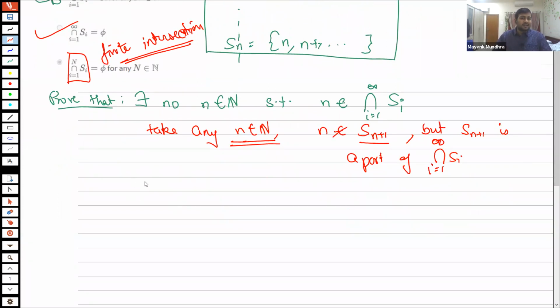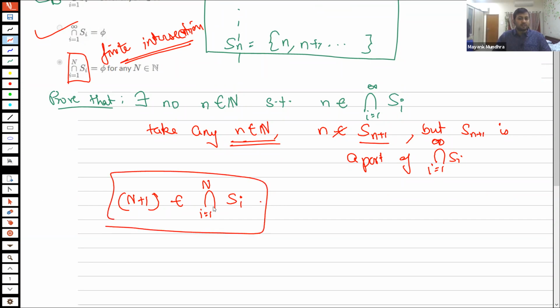So when you take that intersection, I will have the number n plus 1 always contained in the finite intersection of n sets. So you can prove this. Okay, so for every such set, n plus 1 will be a member.